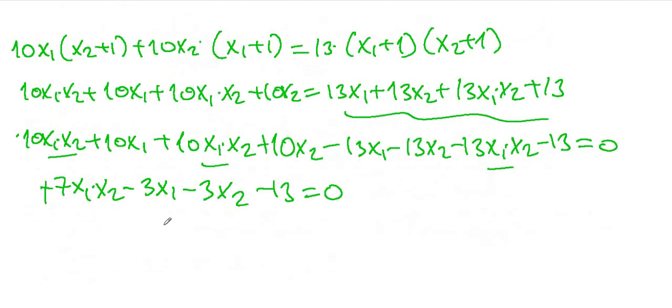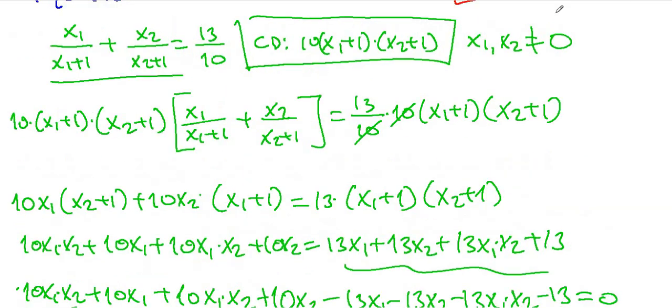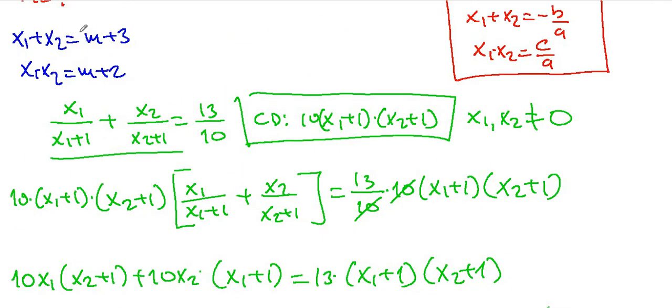So let me rearrange the left hand side of the last equation as 7 x1 x2 minus, if I factor out 3, then I'll get x1 plus x2 and minus 13 is equal to 0. And we can clearly see that x1 plus x2 is equal to m plus 3, and x1 times x2 is equal to m plus 2.